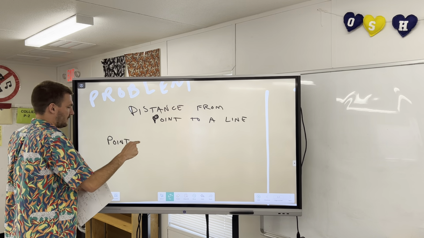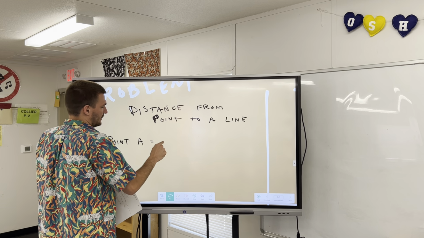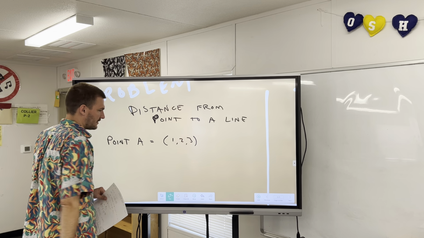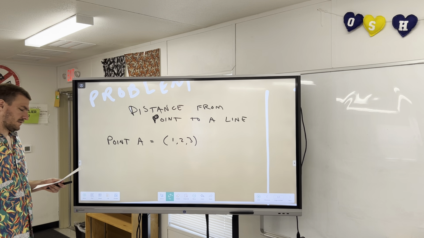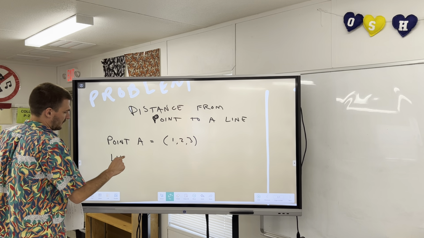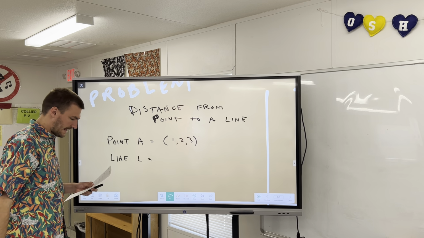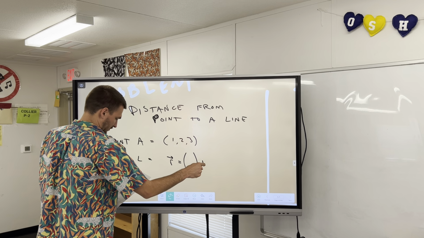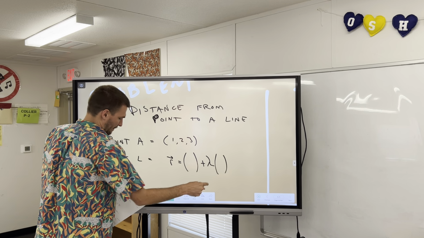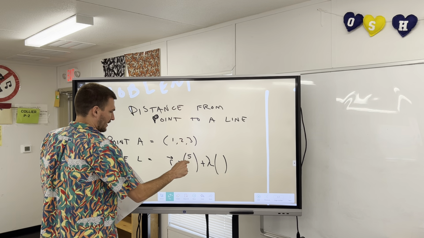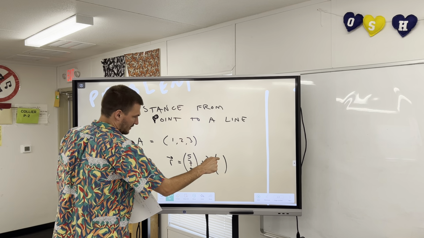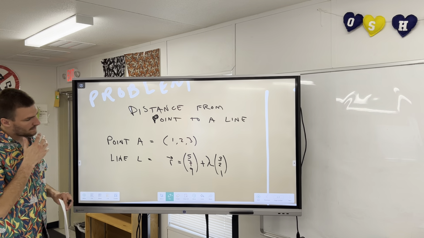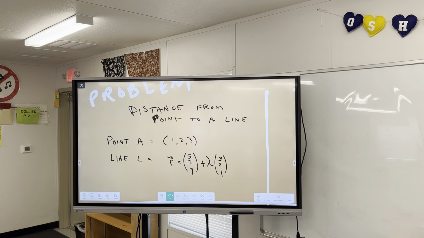Point A is (1, 2, 3). The vector equation of a line L is (5, 7, 9) + t(3, 2, 1). And here's our question: how far is that point from that line?